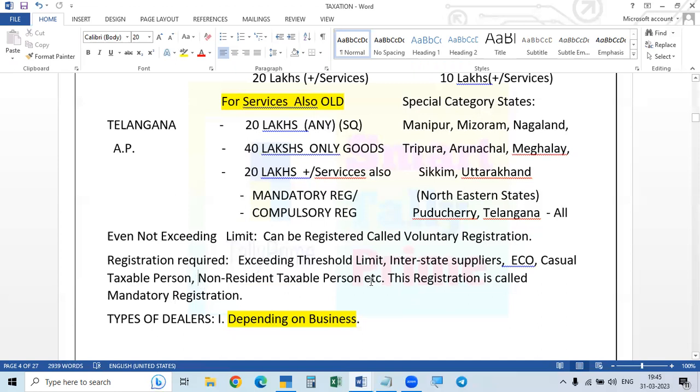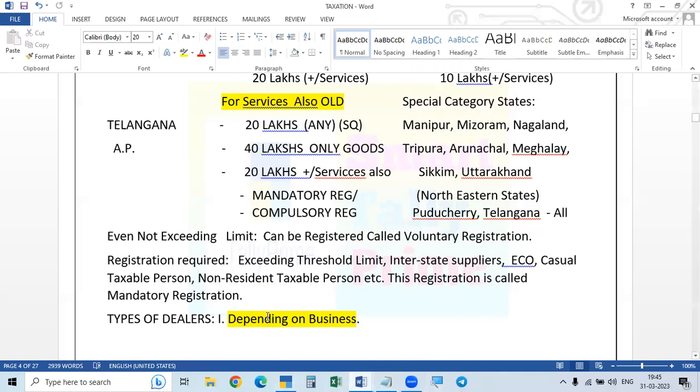And then non-resident taxable persons: any person from other countries can come to India, do business for some time, and go off. They are called non-resident taxable persons. All these persons also have to get the registration. Casual taxable persons as well as non-resident taxable persons can get registration for a limited period, not permanent.